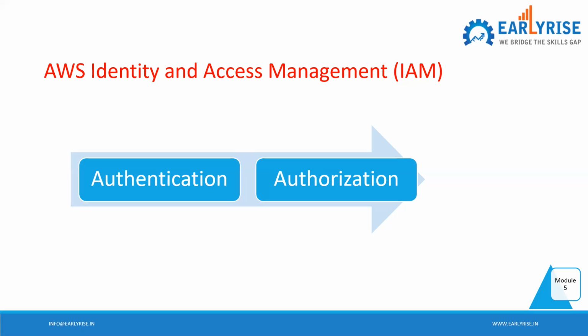No. So that is what we have to understand. If it is explicitly allowed, you will get the access. If it is explicitly denied, you will not get the access. If nothing is mentioned, you will not get the access. Got it? So that is how policy works.